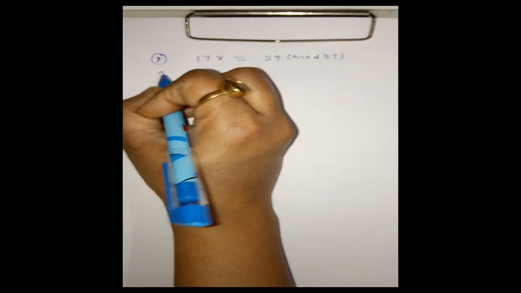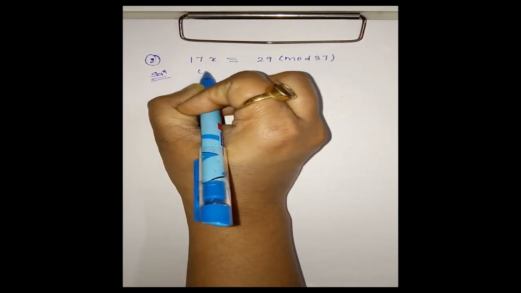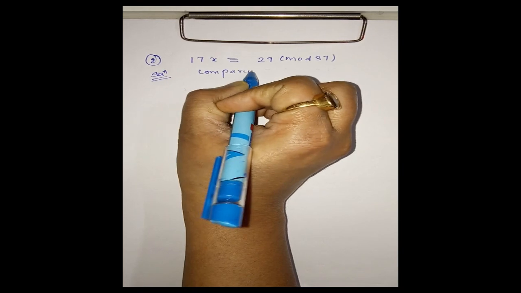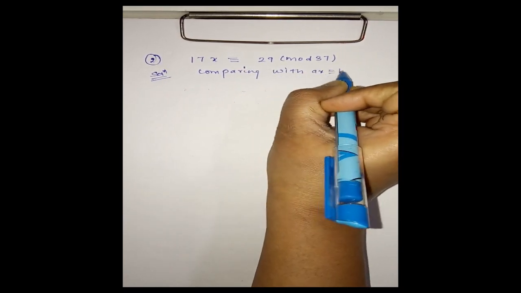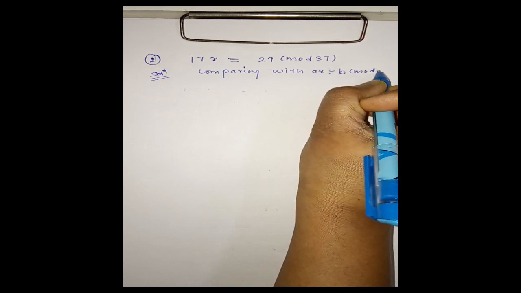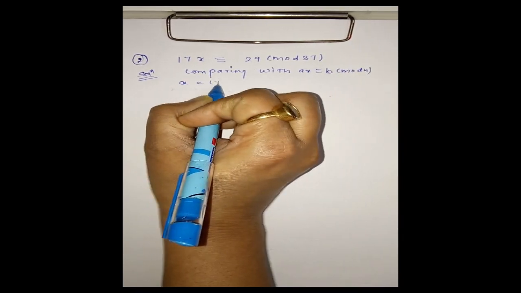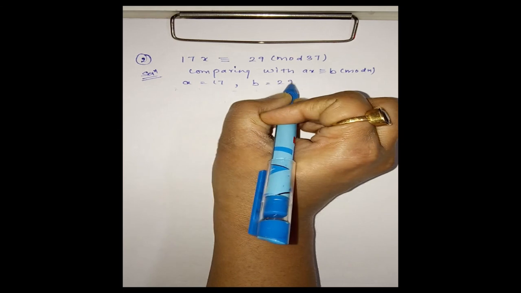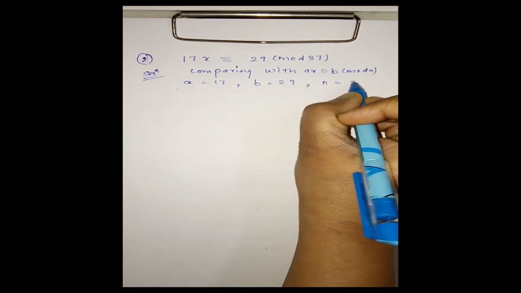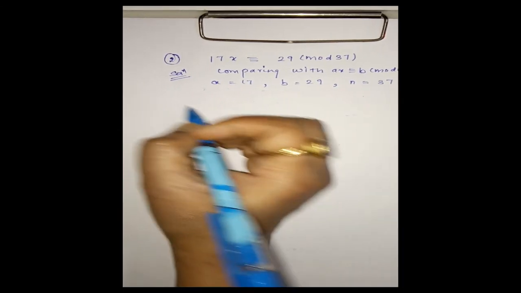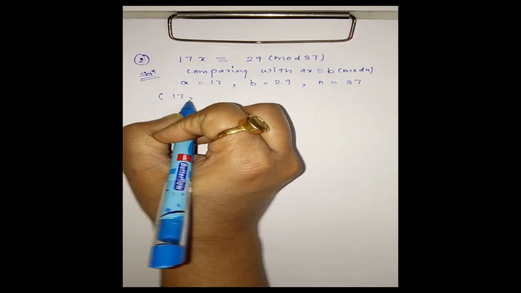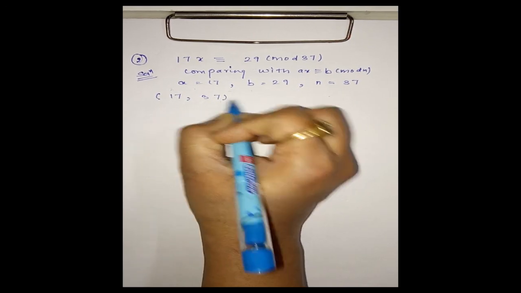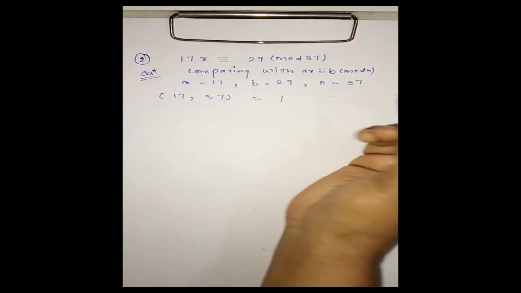Comparing this with ax congruent to b modulo n, here we have a is 17, b is 29 and n is 37. Now GCD of a and n, that is 17 and 37, is 1.